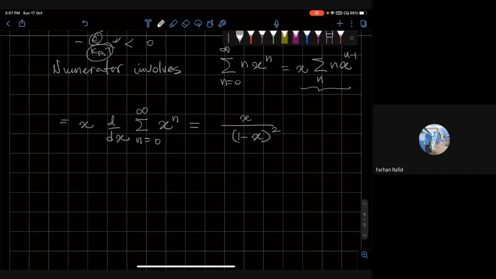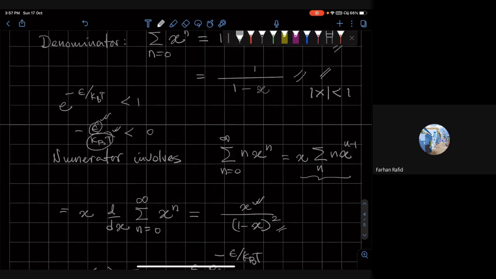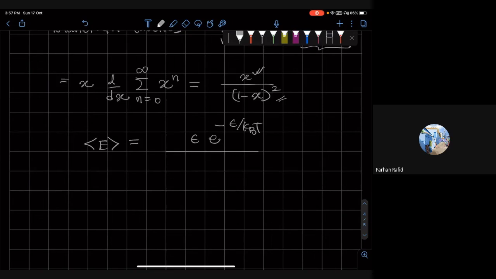So then the expectation value of E becomes epsilon times e to the power minus epsilon by kBT, which is this factor, divided by, there will be only one factor of this guy because this guy will cancel one of the factors. So in the denominator, we have 1 minus e to the power minus epsilon by kBT.